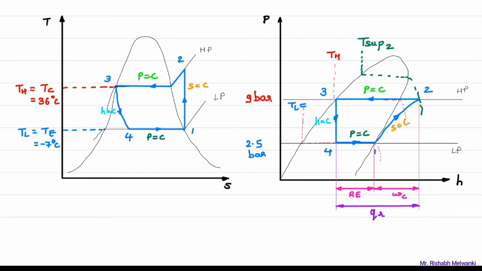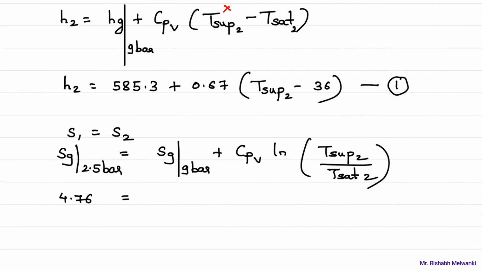When I ask what is the temperature of point 2, the answer is T sub 2. But if I ask for the saturation temperature of point 2 at the given 9 bar pressure, the answer is 36 degrees Celsius. So either you read at 9 bar or 36 degrees Celsius, both will give the same answer.